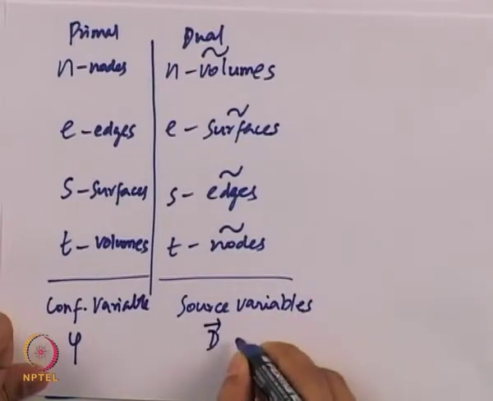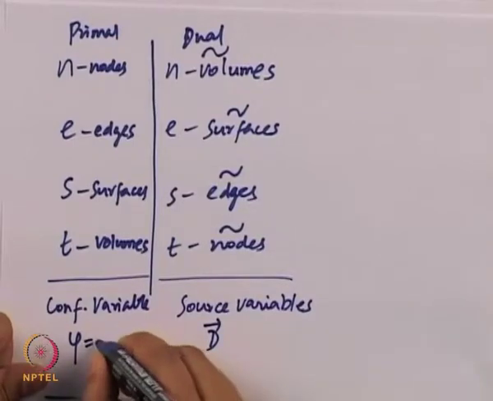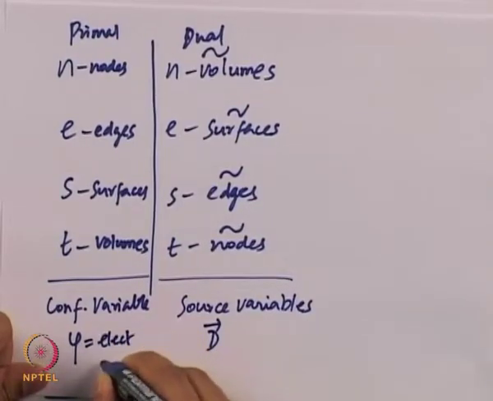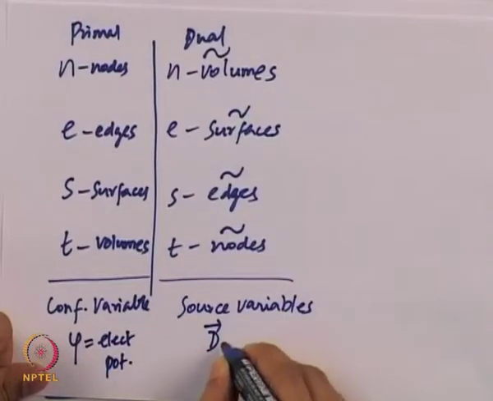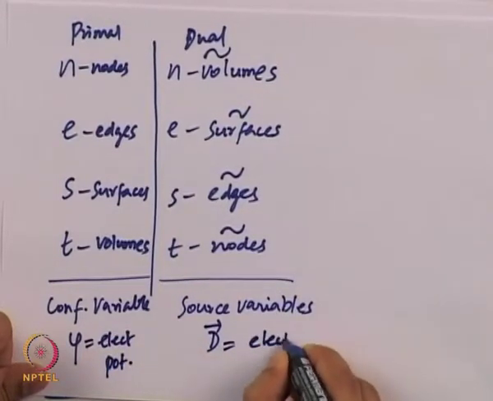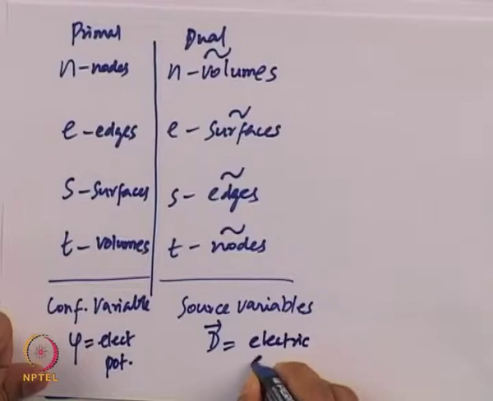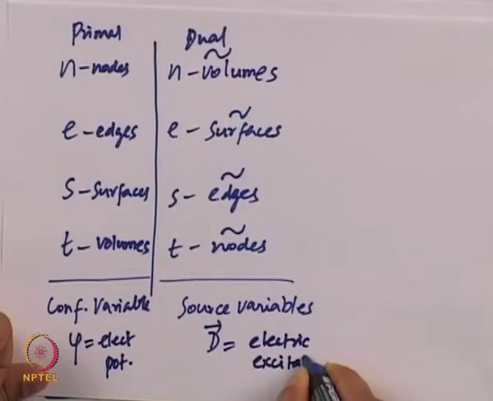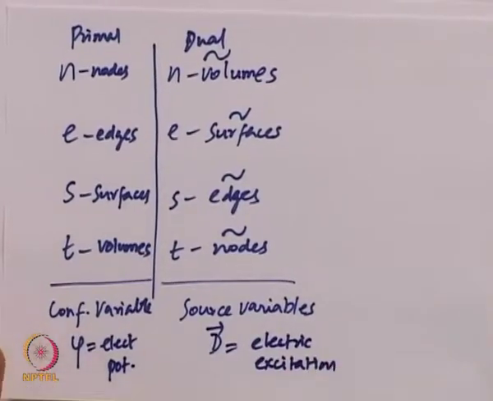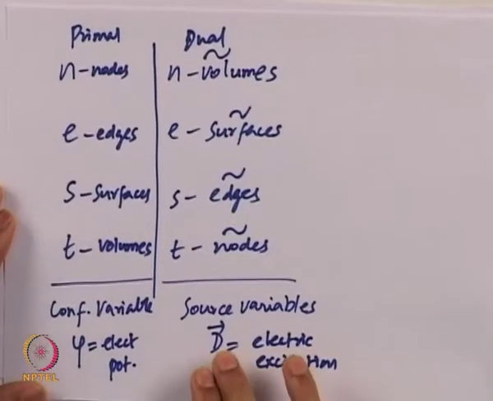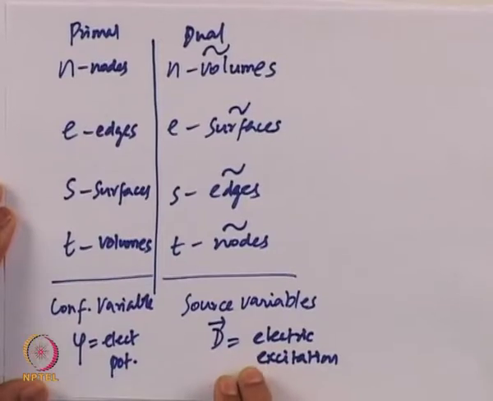D is the electric excitation and phi is the electric potential. You also call it electric displacement. So the dual grid is where we have the source variables and the configuration variables are in the primal grid.